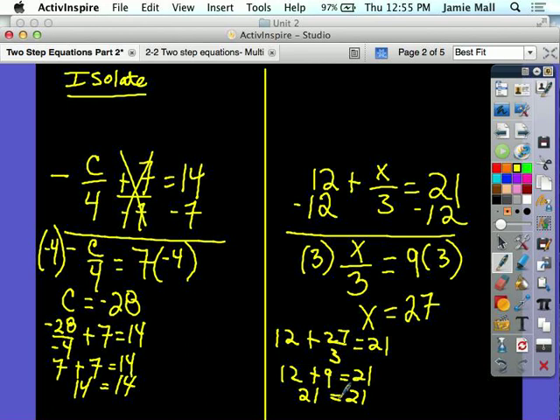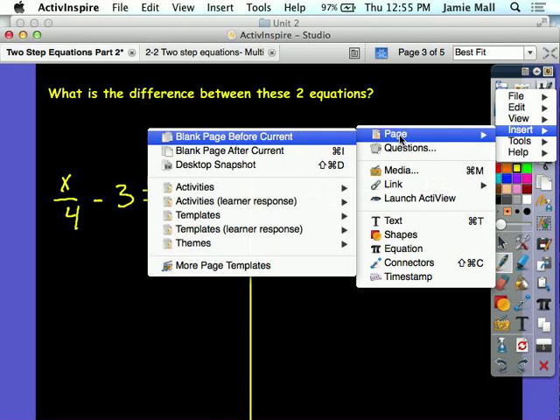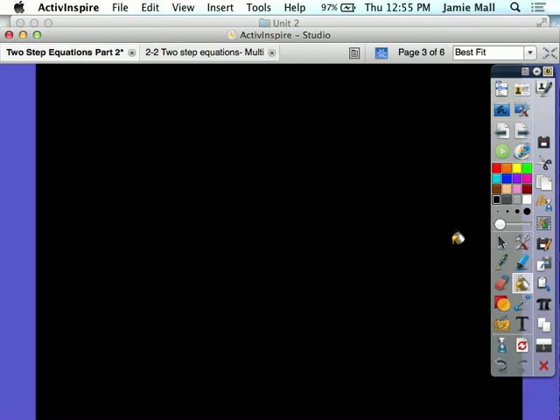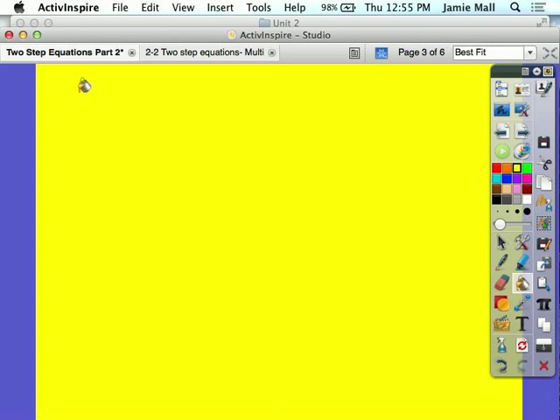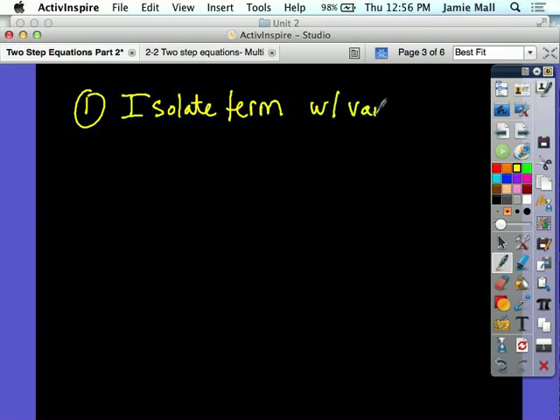Important things to keep in mind here. When we solve two-step equations, the first step is always going to be to isolate the term that contains the variable.